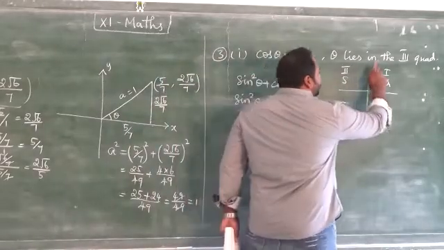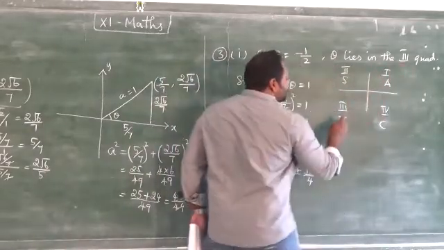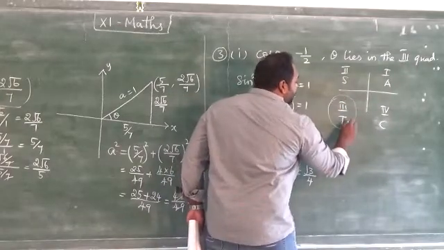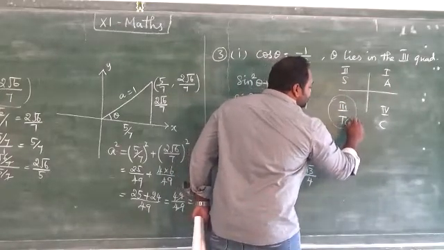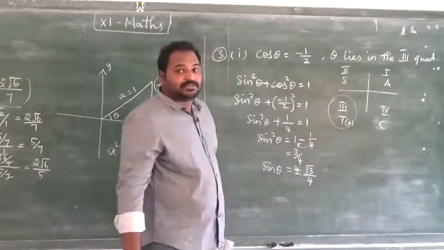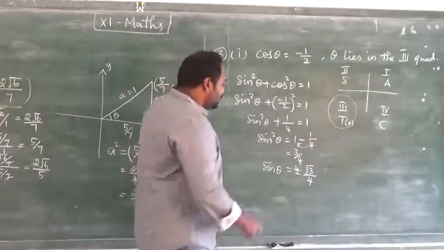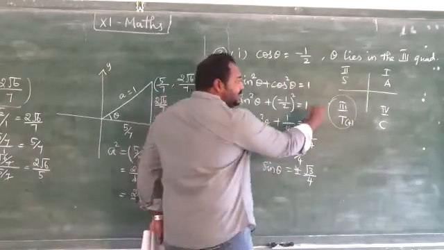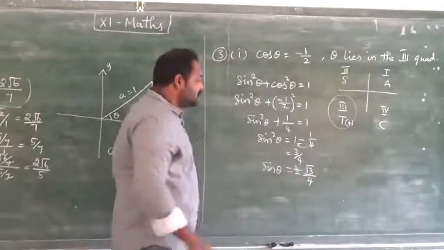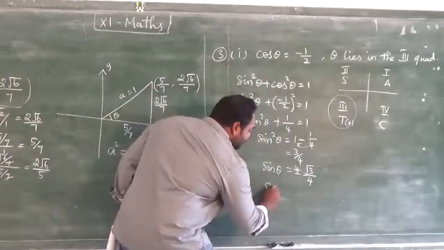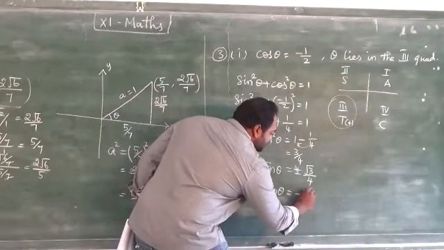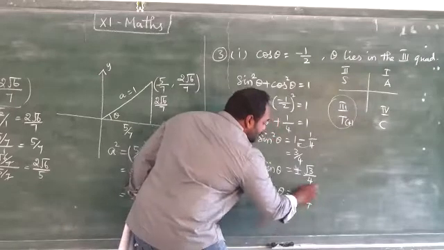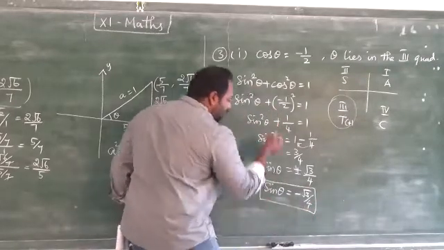Okay. So given condition, theta lies in third quadrant. So here only tan and its reciprocal are positive, other values negative. So here sine in third quadrant is negative. So we have to take sine value minus root 3 by 4. So you have to give this answer.